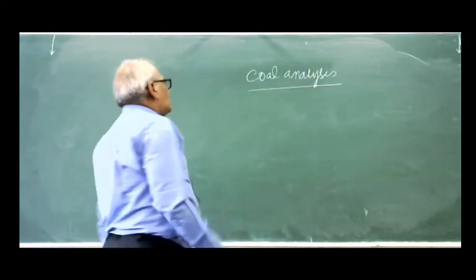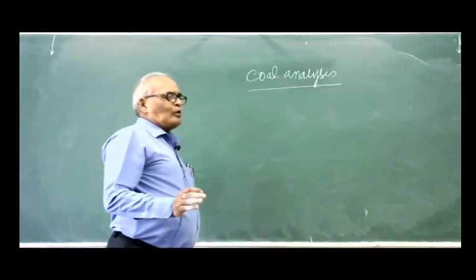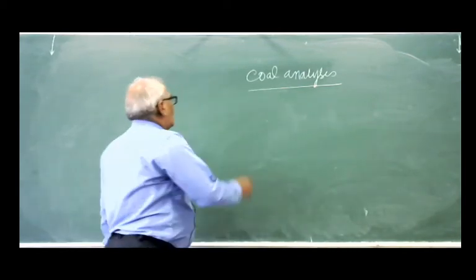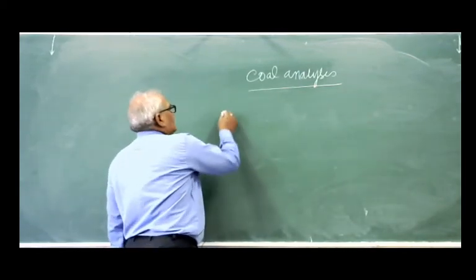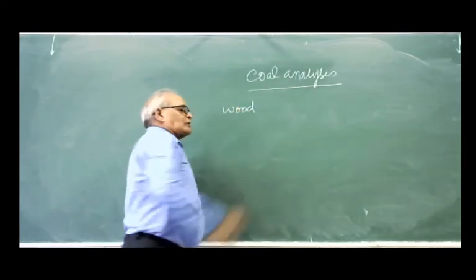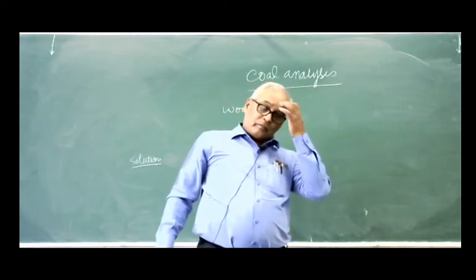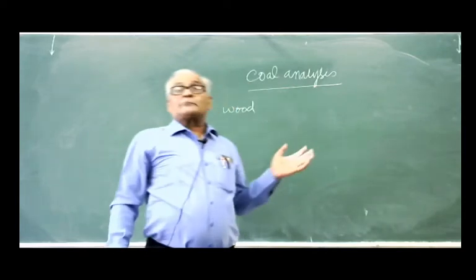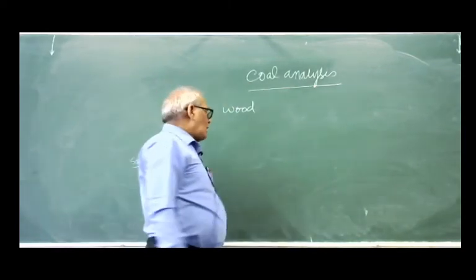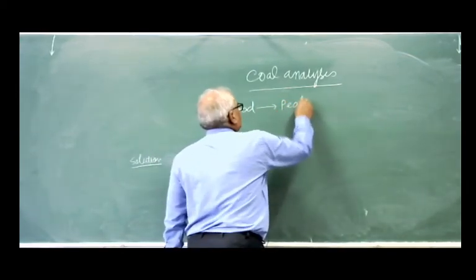just see, the lowest carbon containing fuel is the wood. It gives the lowest calorific value because of the lowest carbon percentage. Then peat.